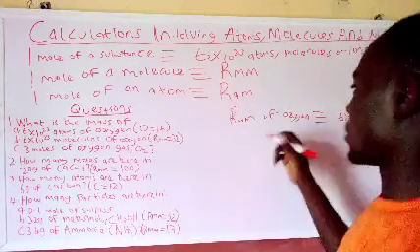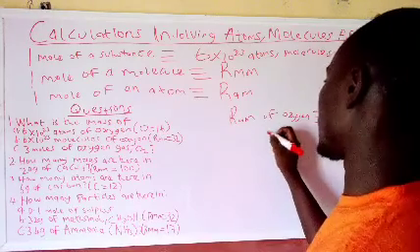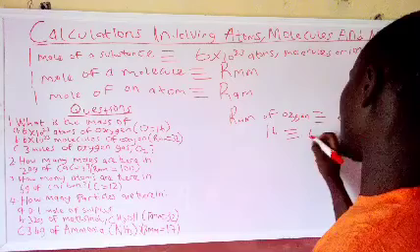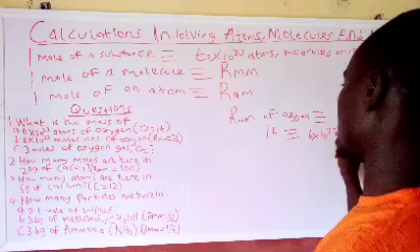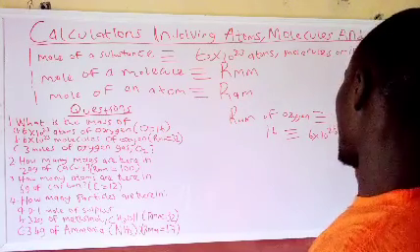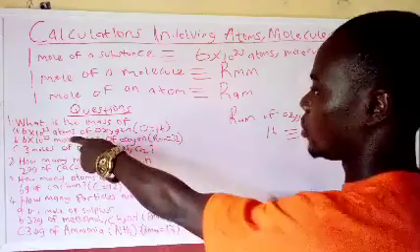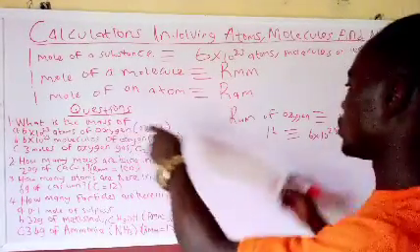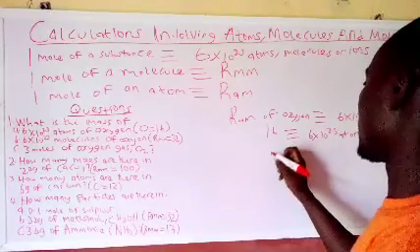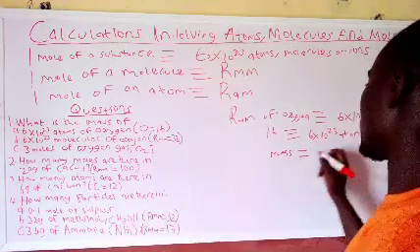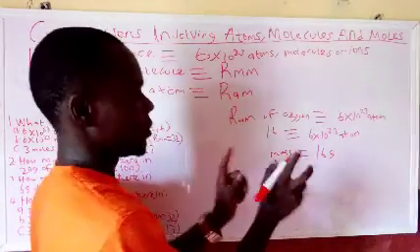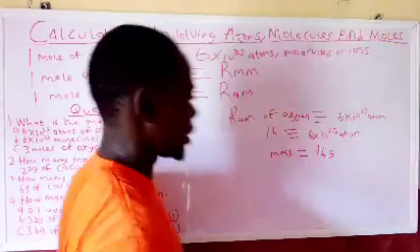So 16 is equivalent to 6 times 10 raised to the power 23 atoms. So definitely you don't need any calculation again. The mass equals 16 gram. So that's that. You don't need much problem on that.